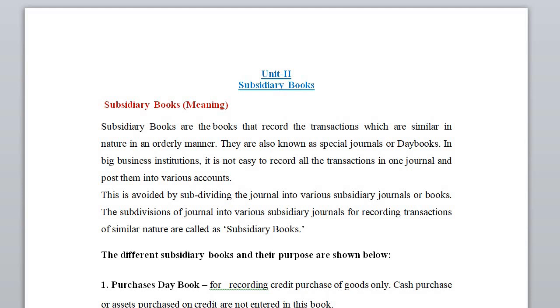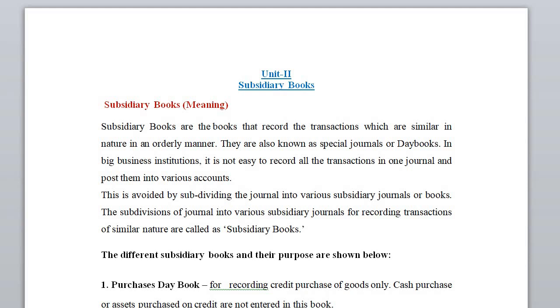We are going to see what is meant by subsidiary books. Subsidiary books are the books that record the transactions which are similar in nature in an orderly manner. They are also known as special journal or day book. In a big institution, a lot of transactions take place each and every day.